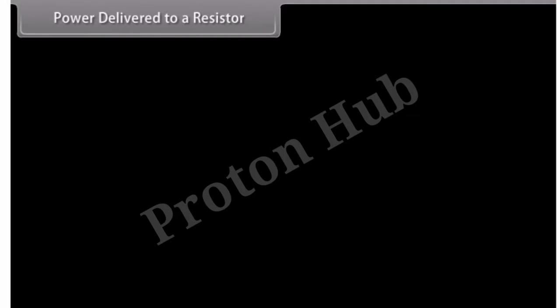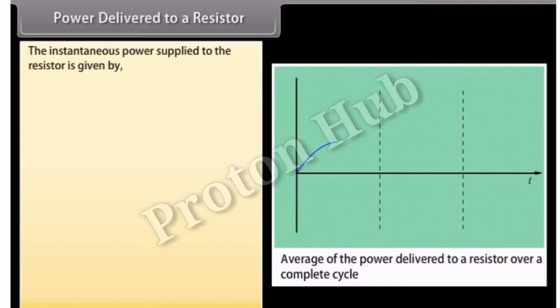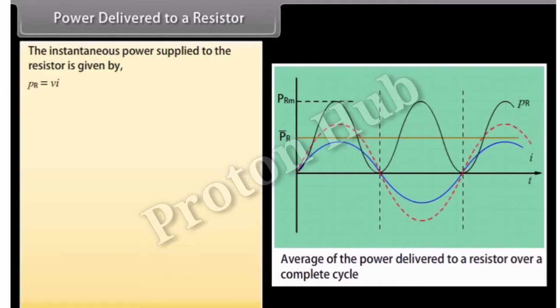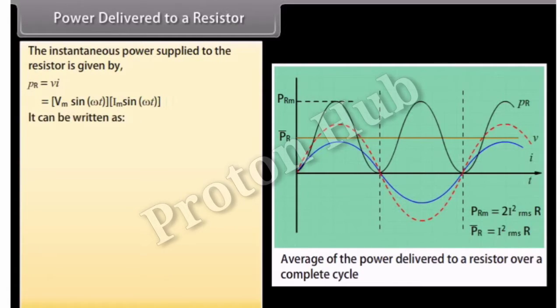Power delivered to a resistor. The instantaneous power supplied to the resistor is given by PR = VI, which is the product of Vm sin ωt and Im sin ωt. It can be written as PR = Vm Im sin² ωt.